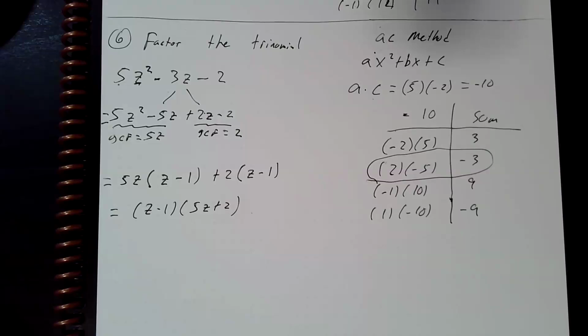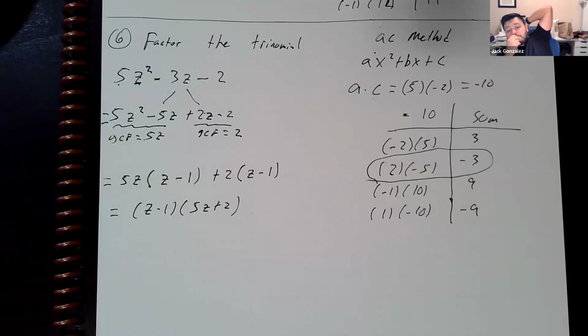So when you factored it out, you have z minus 1 for both, right? You just factor both of them out. Then it would just be the same thing.